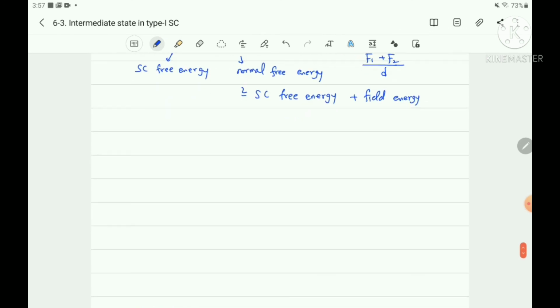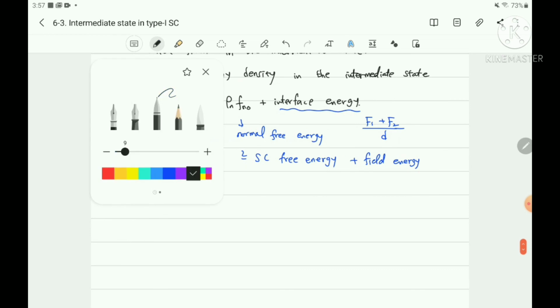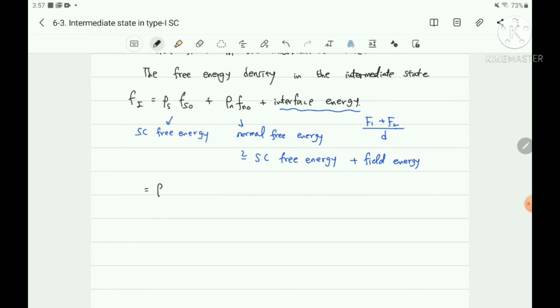Therefore, we can write down like this: rho s Fs0 plus rho n times the superconducting state free energy Fs0 plus the critical field Hc square over 8 pi, and the field energy is Hn square over 8 pi, plus interface energy, which is f1 plus f2 over d.